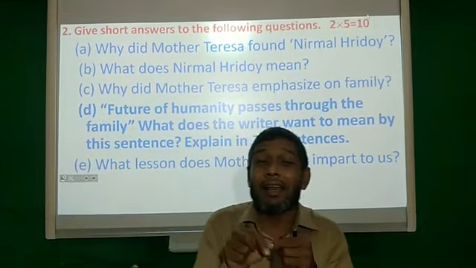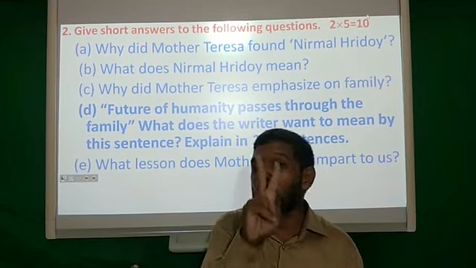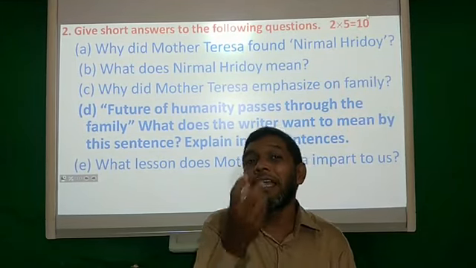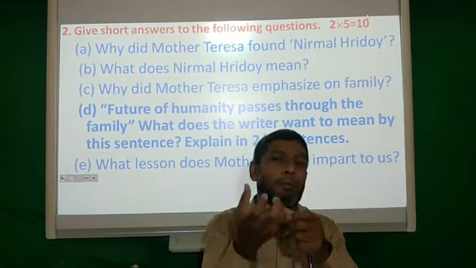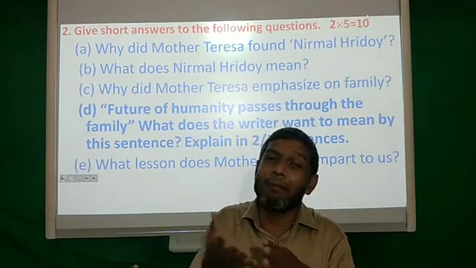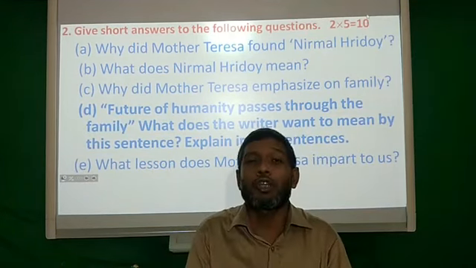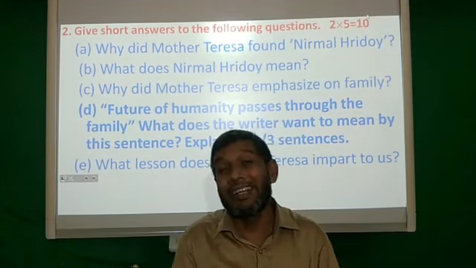So here you can pick up two techniques. If the answers are very specific, and I can pick the answer from the passage very directly, and every student will pick the same answer, this type of question is called a close-ended question.